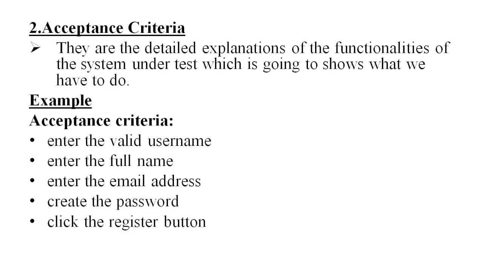For example, while doing the registration process of the Amazon web application, we need to enter a valid username, full name, and every field that is available. This will be the acceptance criteria for that particular user story.